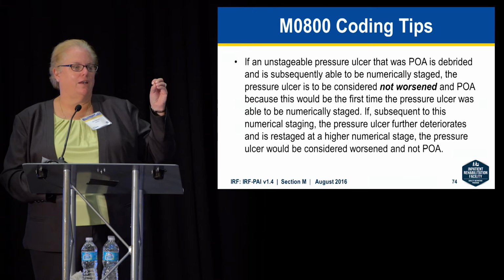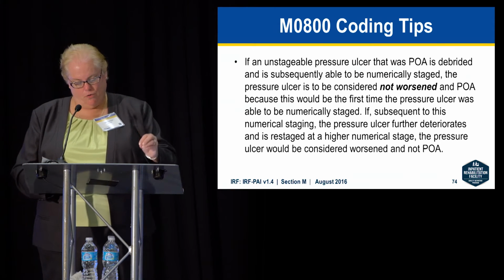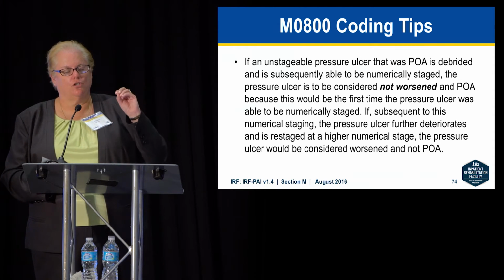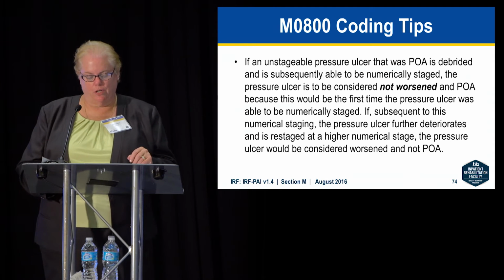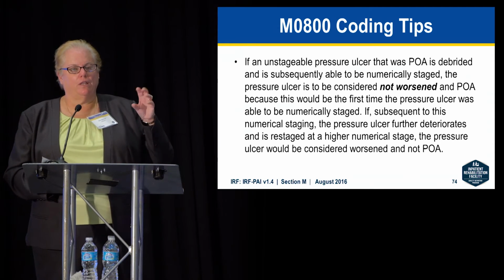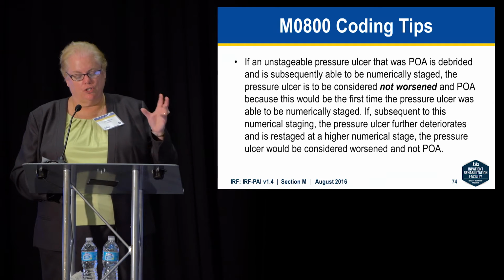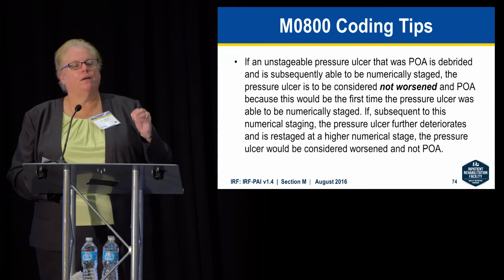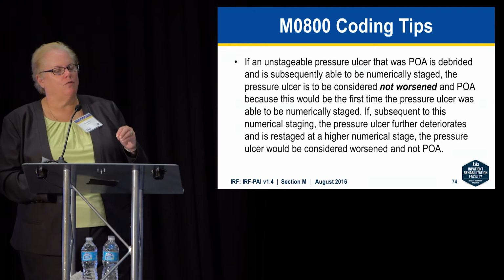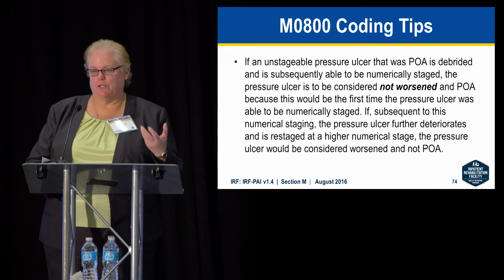And if they had that unstageable wound when they came in, great, now we stage it as a stage 3, we consider it present upon admission. But now if that stage 3 deteriorates to a stage 4, we reclassify it as a stage 4 and we say now it's not present upon admission because it got worse.